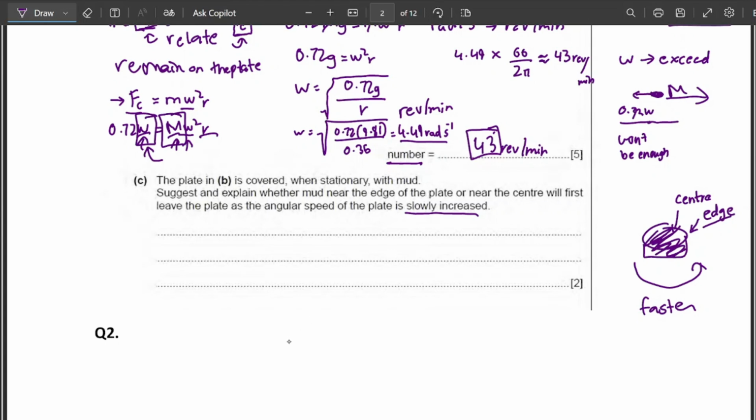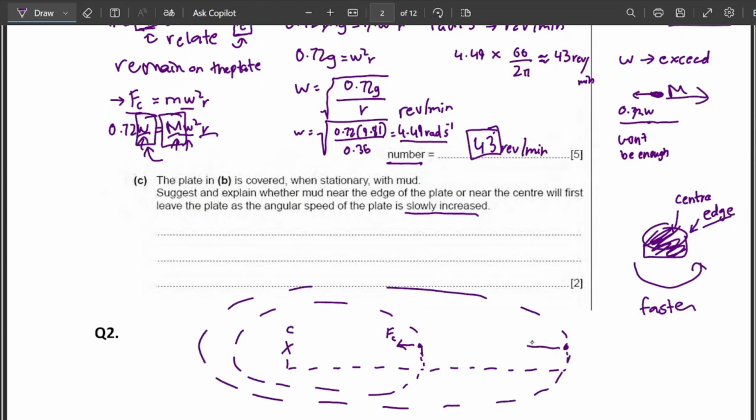The reason for that is, if this is the center of rotation, let's call that C, the further you get away, so let's say there are two things, one over here and the other all the way over here, this one is going to require less centripetal force to keep it in circular motion around center C, whereas this one is going to require way more centripetal force to keep it rotating about the center. So the further away you get, the larger the centripetal force required.